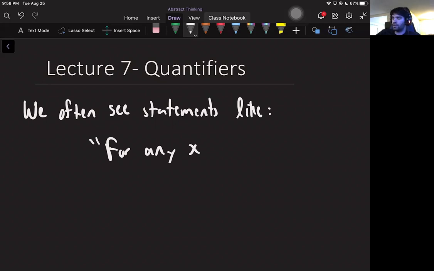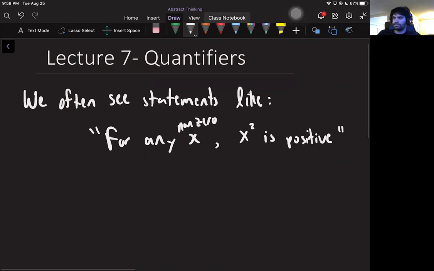So let me just say, for any non-zero x, and then you say something that x might do. So like this, x squared is positive. So we've seen statements like this. And now we just want to break it down and try to understand it better.